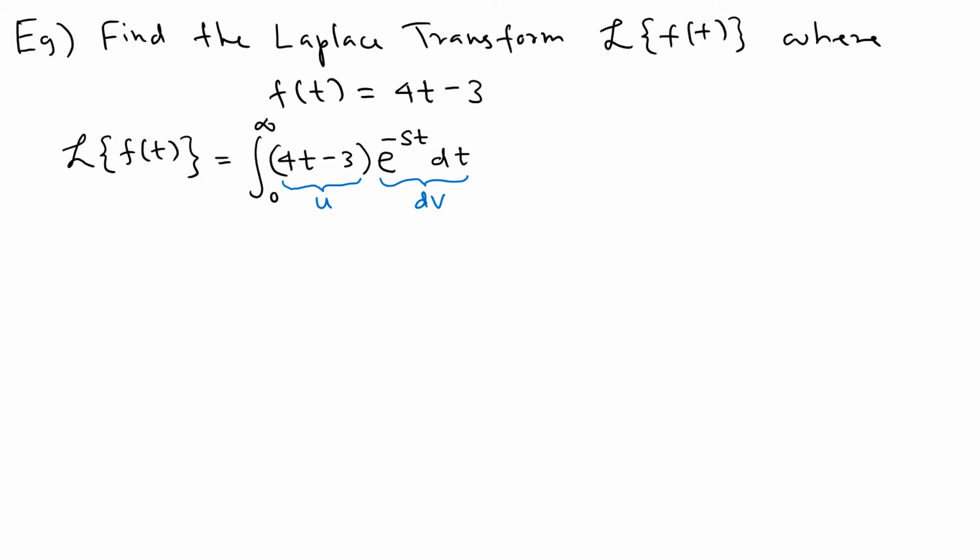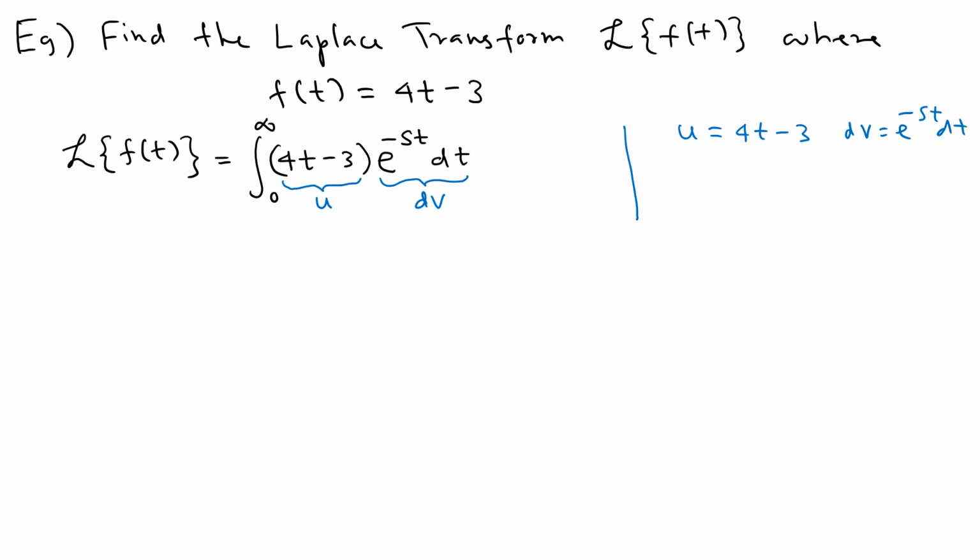Now let's use the integration by parts formula. That means we need 4 ingredients. So u equals 4t minus 3, and dv equals e to the minus st dt.